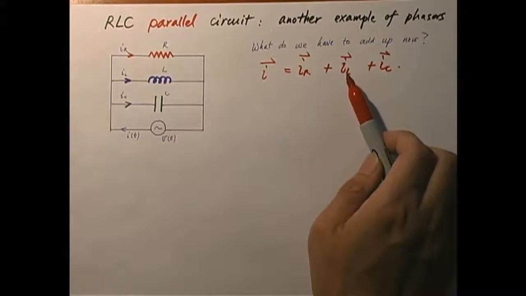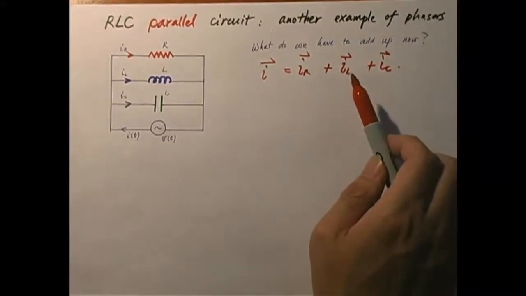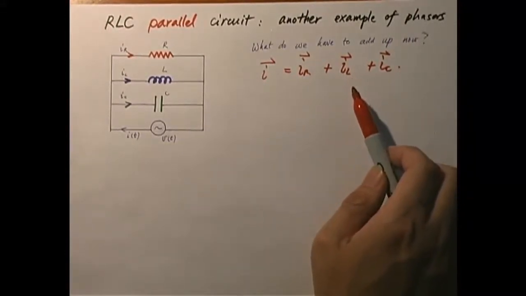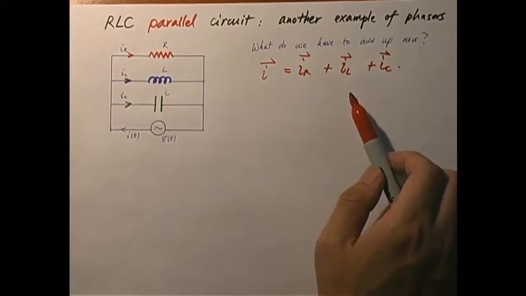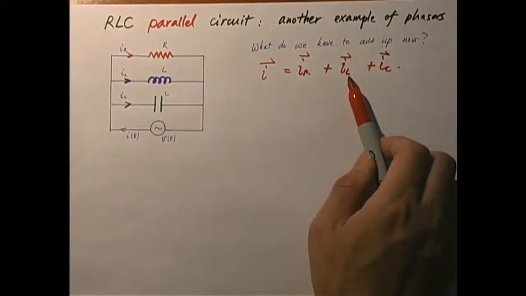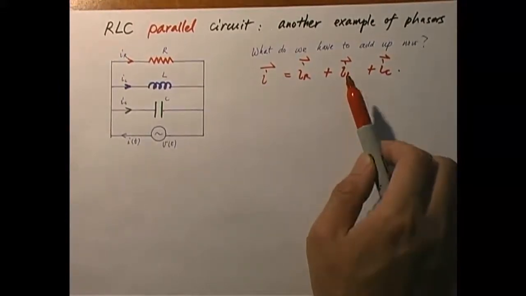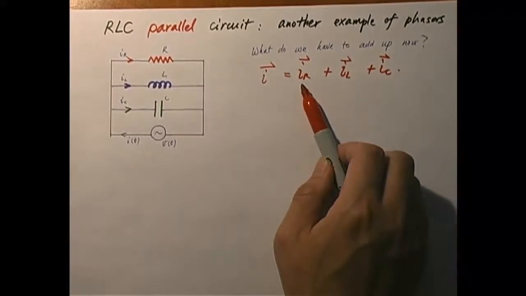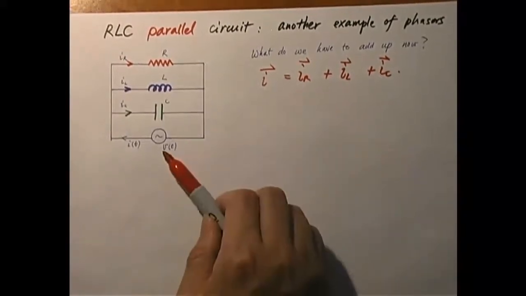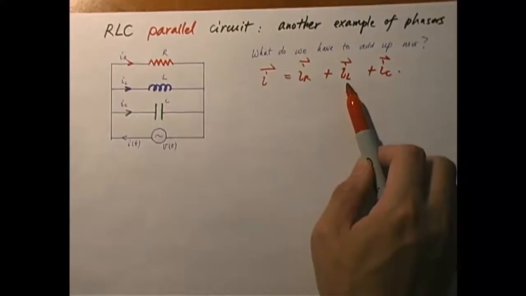For an inductor, VL leads the current by 90 degrees. Remember that? So therefore, this current is going to lag VL by 90 degrees, which means it's also going to lag the IR by 90 degrees, because IR has the same phase as V. This guy lags behind V by 90 degrees.